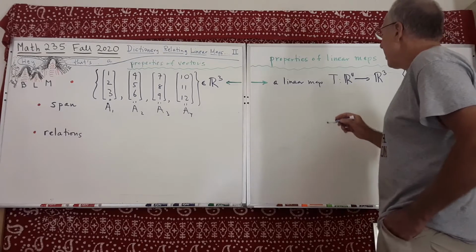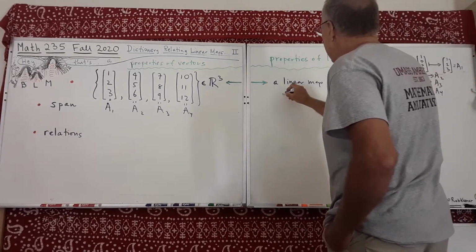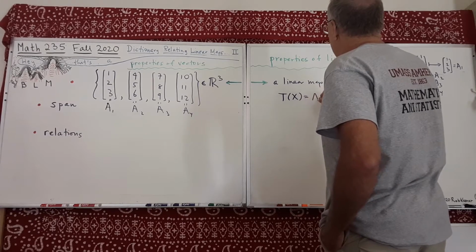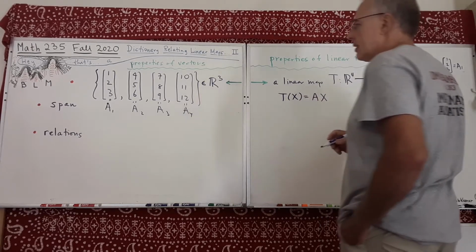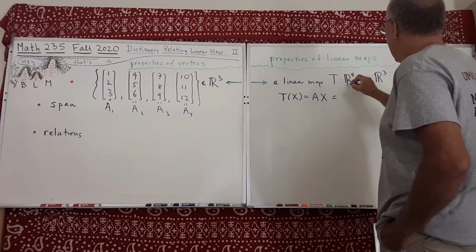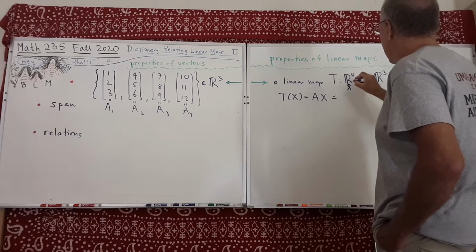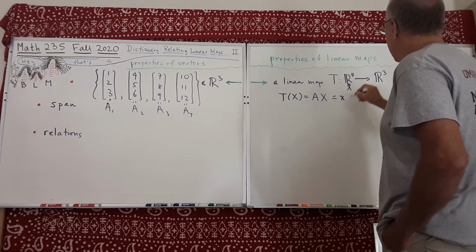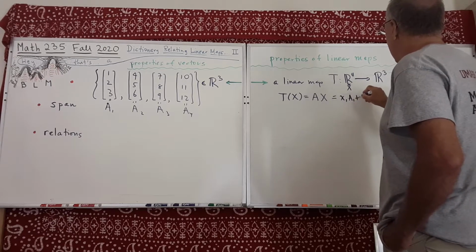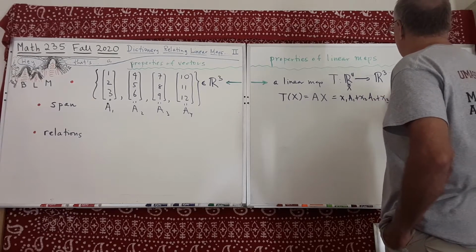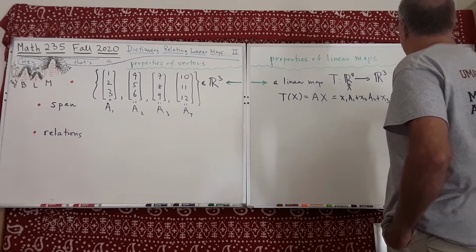In fact, we can think of the linear map as given by T of x equals matrix multiplication by x. So x is a vector in R4. In other words, this is x1 a1 plus x2 a2 plus x3 a3 plus x4 a4.